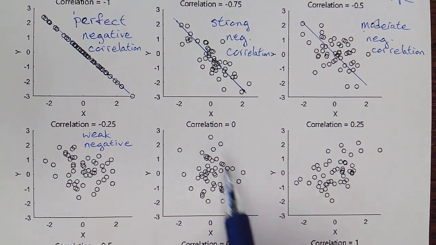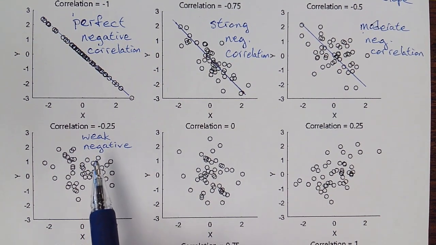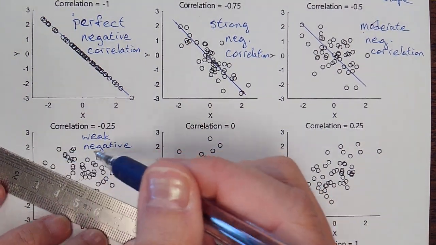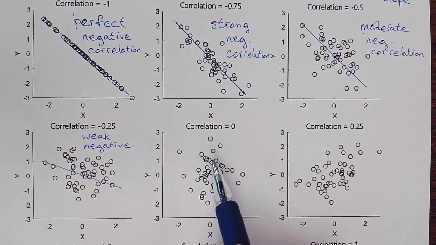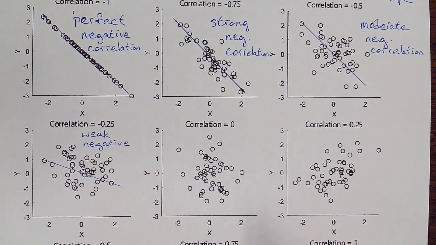When all the points are all over the place, this is weak, but I can still kind of see a pattern. But with this one, I don't know where to draw my line of best fit.